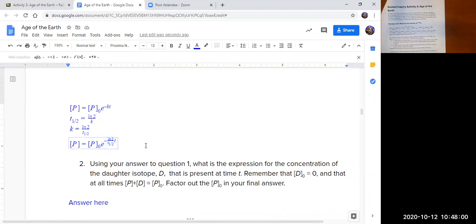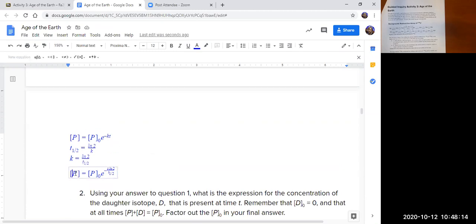And to make it convenient, let's put that t actually in the numerator right here, like so. So what we have now is an expression for the concentration of the parent isotope at time t, and all we plug in is the half-life and the amount that we started with.